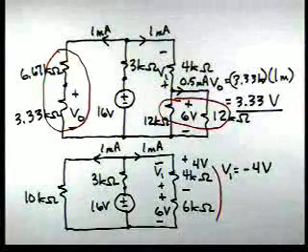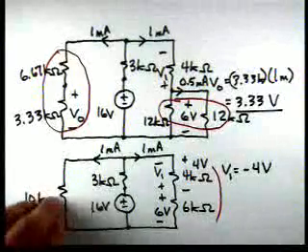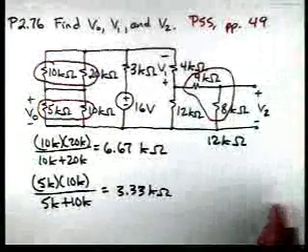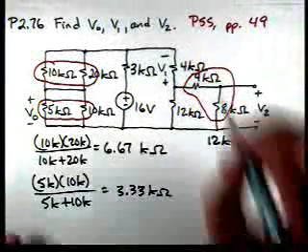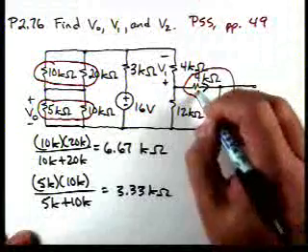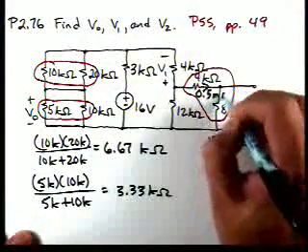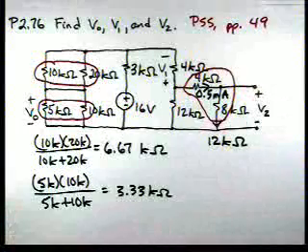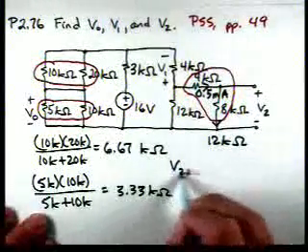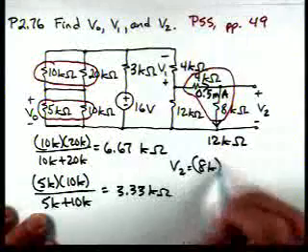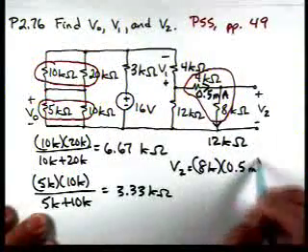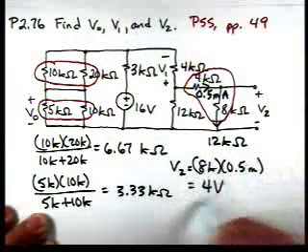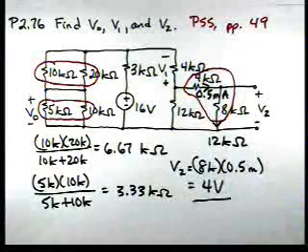So now we need to back up one more circuit to be able to calculate V2, because we know that current is 0.5 milliamps. That's the same current that flows through that 8 kiloohm. So V2 is 8K times 0.5 milliamps, or V2 is 4 volts.